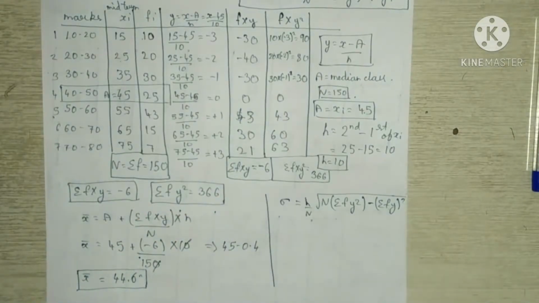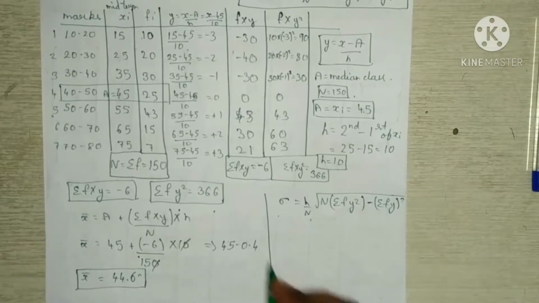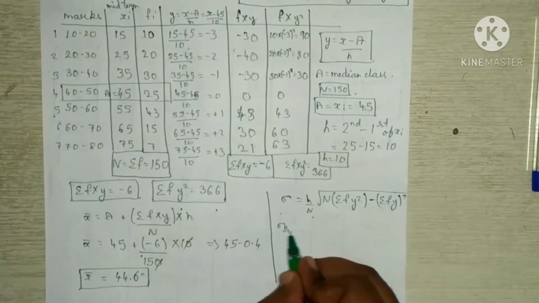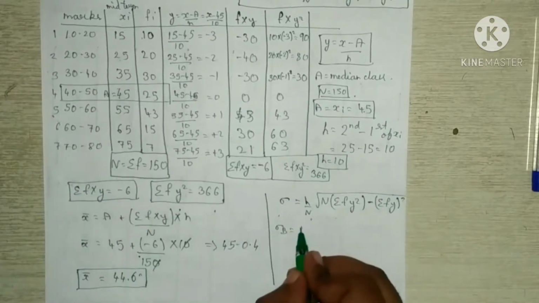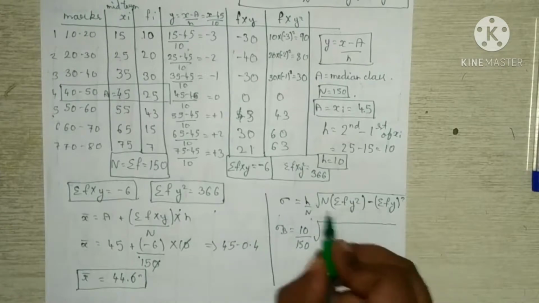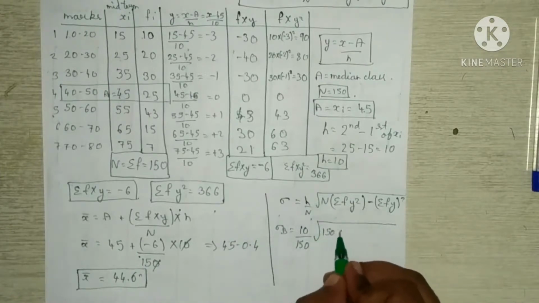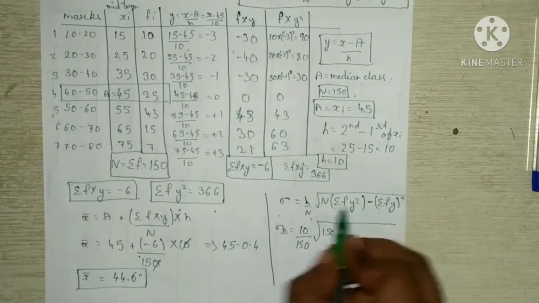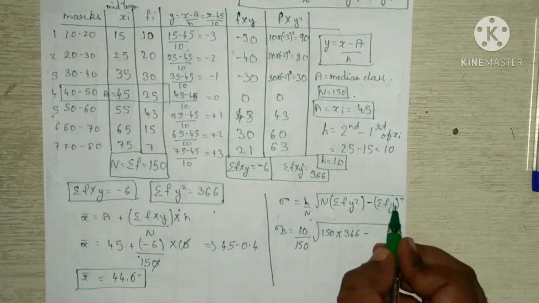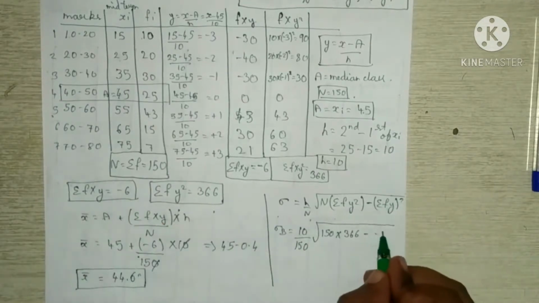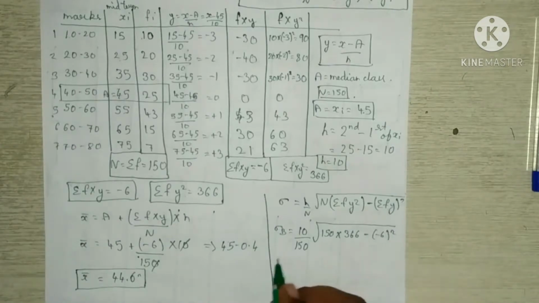Okay, now you can substitute in this formula. Sigma B is equal to h is 10, n is equal to 150. 10 by 150 root over n, which is 150, into summation f into y square, which is 366, minus summation f into y, which is minus 6, to the whole square.